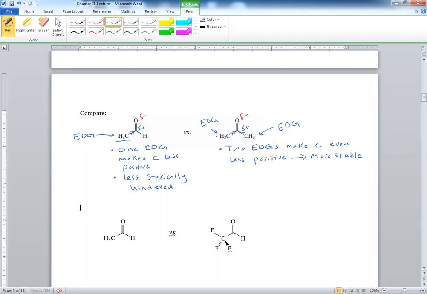Also, these two large groups, the methyl groups, block the attack more so than having just one methyl group. The hydrogen is small, so this is more sterically hindered.